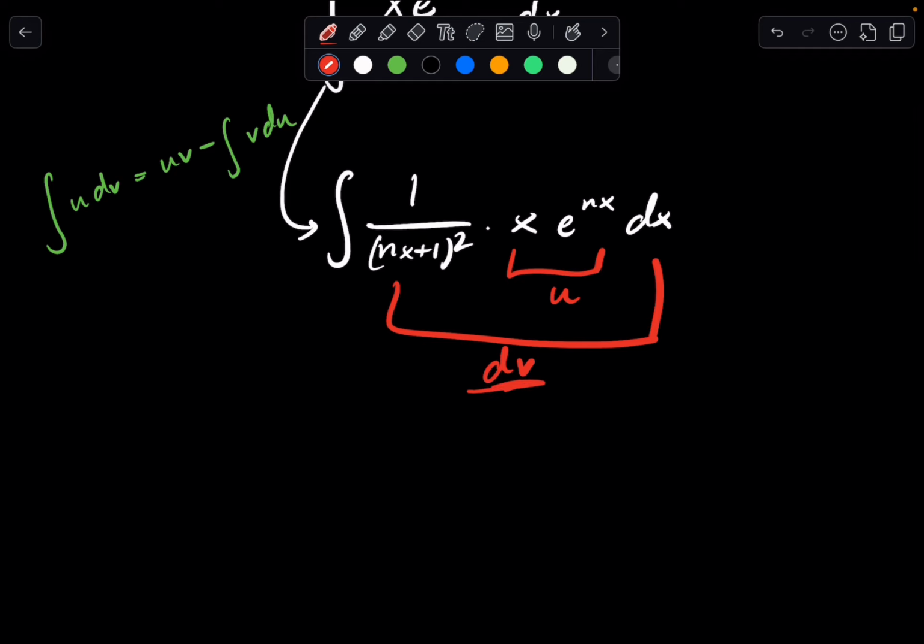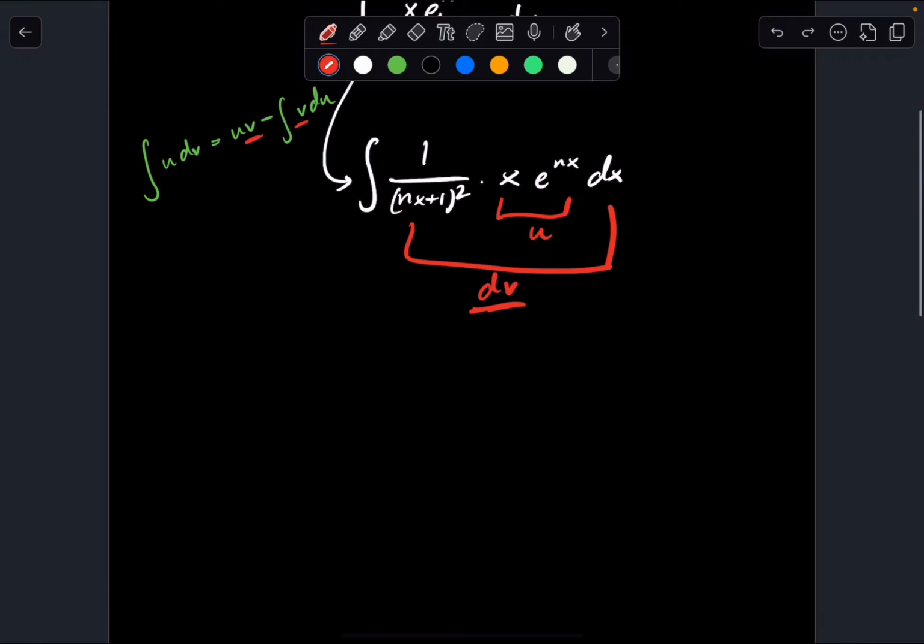When we have dv, that means we're going to have to integrate dv to find this v, which we're going to plug in over here. This is quite easy to integrate. 1 over nx plus 1 squared dx. That's quite easy. And our u, what are we going to do with our u according to the formula? We're going to differentiate it. Differentiating this is not that messy. Maybe we'll just have one extra factor, and we'll see what that is. So let's try this combination out.